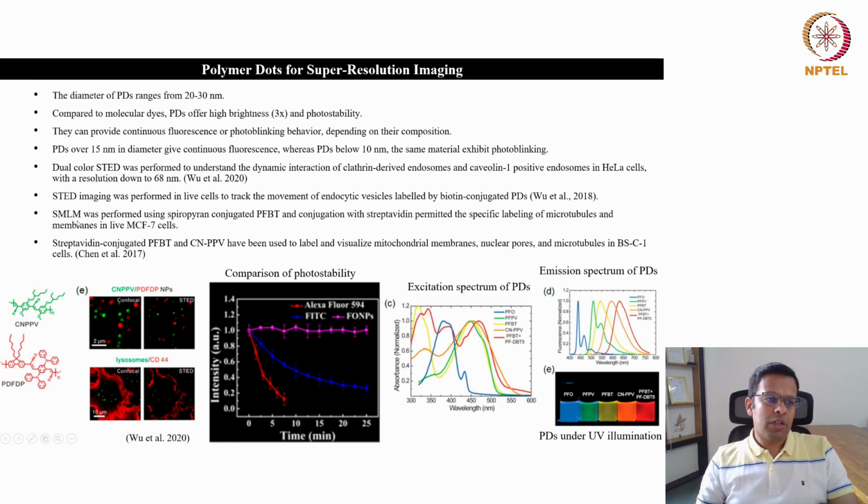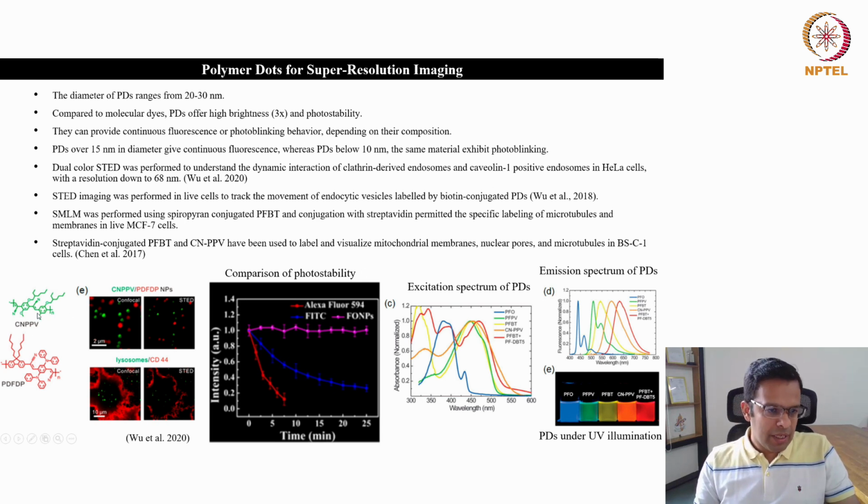Then single molecule localization microscopy, meaning STORM imaging, was performed using spiropyran conjugated PFBT, and conjugation with streptavidin permitted the specific labeling of microtubules and membranes in live MCF7 cells. Streptavidin conjugated PFBT and CN-PPV have been used to label and visualize mitochondrial membranes, nuclear pores and microtubules in BSC1 cells.